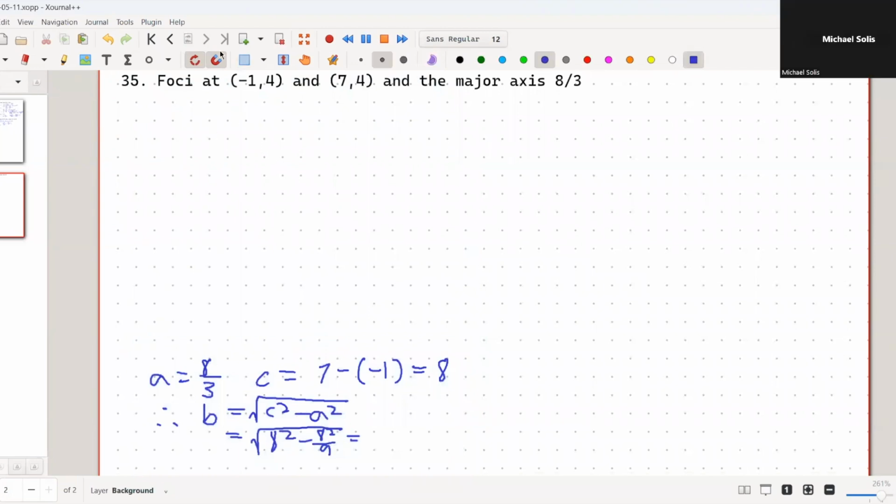Okay, so una, foci at negative 1, 4 and 7, 4. So ano yung... so if you know the foci, where do you find the vertex? Sorry, hindi pala vertex.